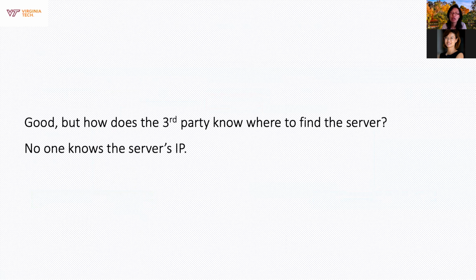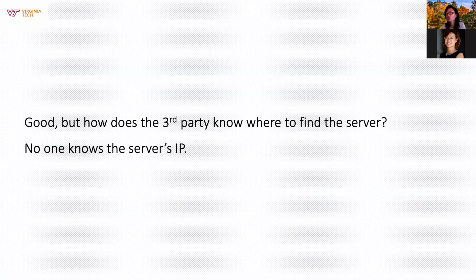But how does the third party know where to find this server? Yeah, that's a good question. In other words, how does the whole thing start? The third party must know something about the server.